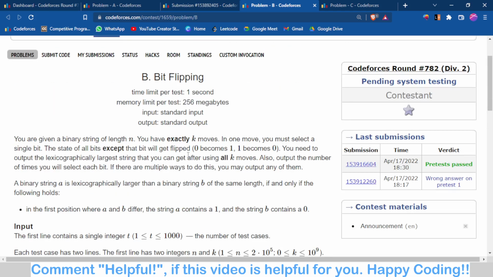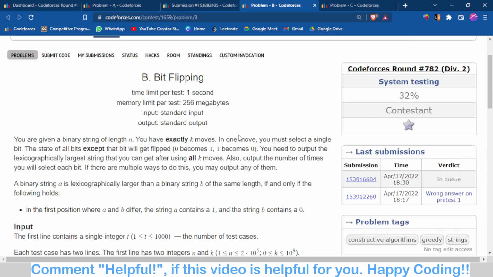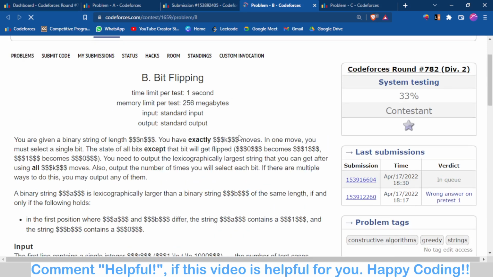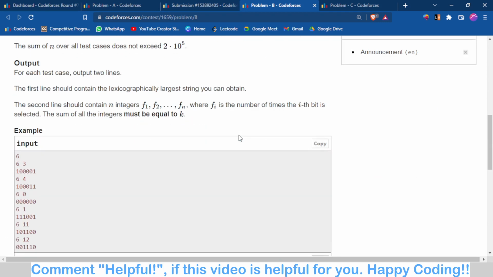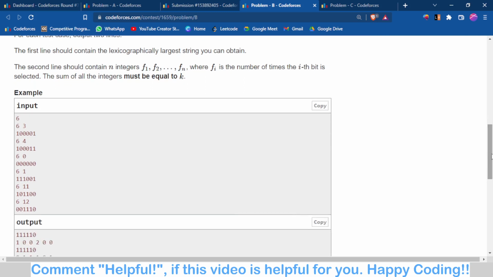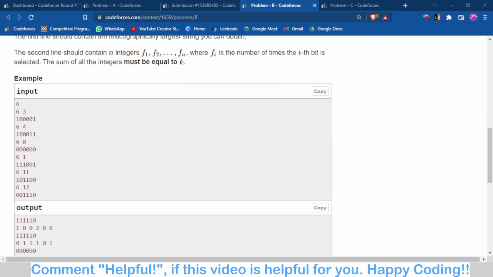First of all, let me check if my submission passed. It is in the queue actually, so it will pass in some time, and I am a bit confident about that. So let's move towards the whiteboard to understand it more clearly.